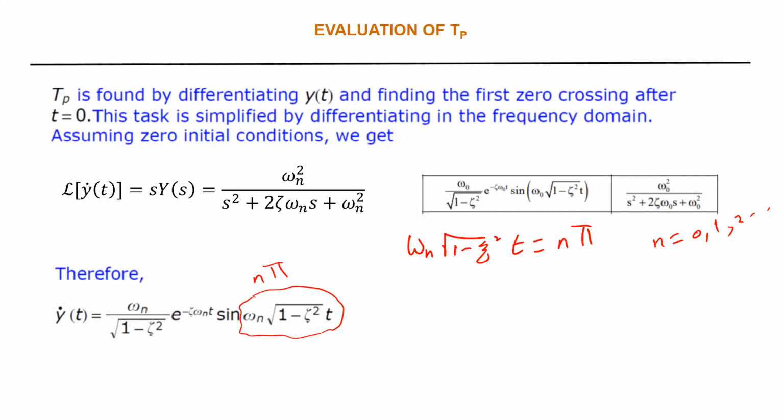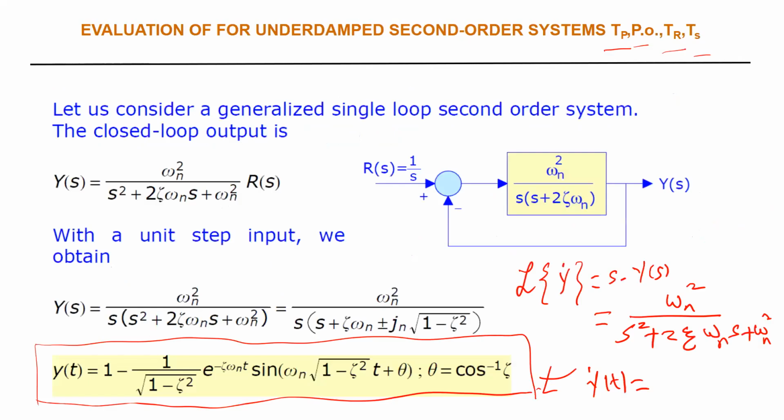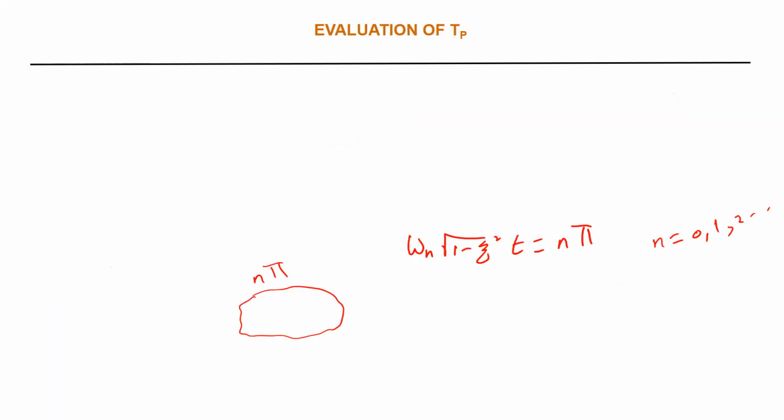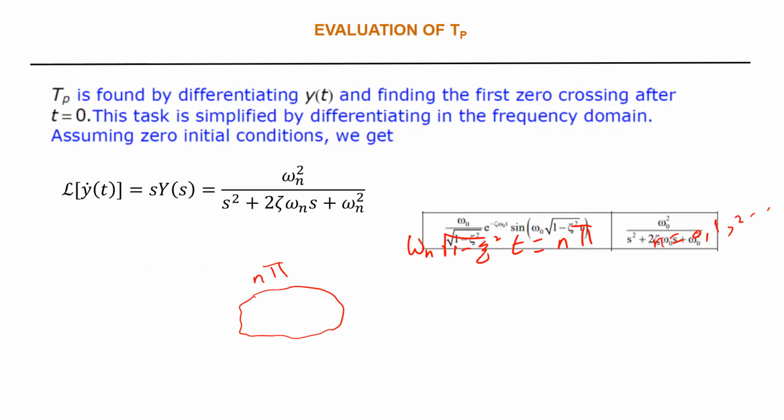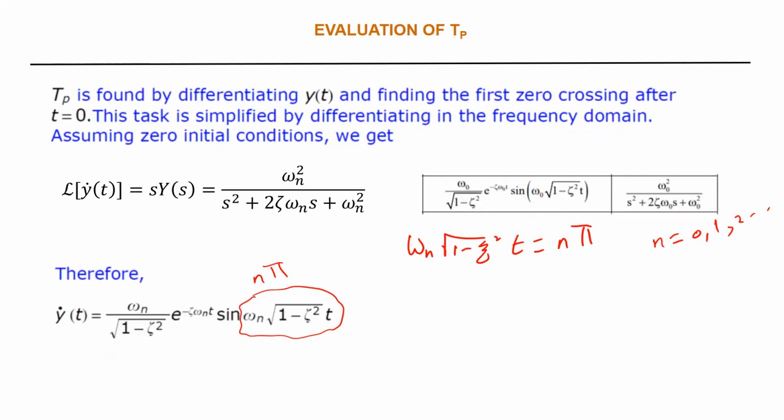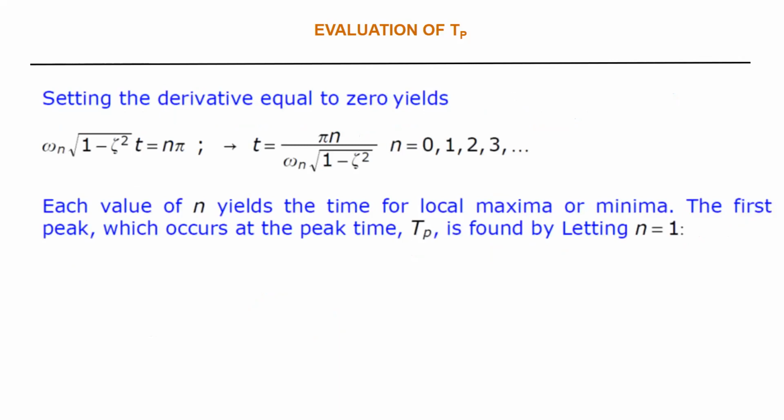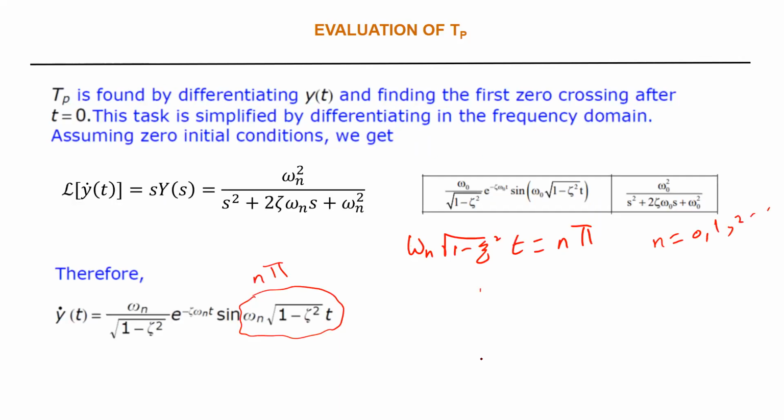Well, 0 we cannot. Why not, Abdurrahman? You are absolutely right, because zeta becomes 1 and we get 0 in the denominator, so there is a problem. With n equal to 0, look, this is what the response looks like. If n equal to 0, we are at this point, because t equal to 0.